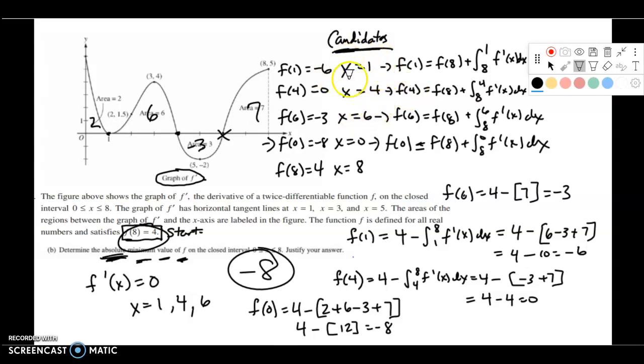Same thing with x equals 1. Well, the graph doesn't change sign here, so this is not a min nor a max, so there's no way that's going to end up being the absolute max, or the absolute min. You could have done that. You could have explained it away, but you have to explain it away or show them mathematically, numerically, that it's not going to be the correct answer. You can't just ignore those values, okay?